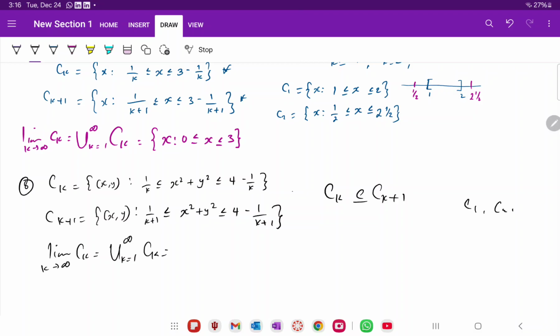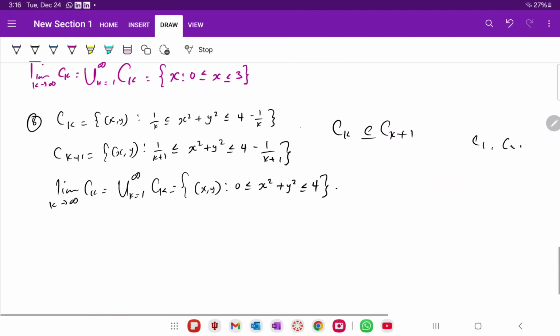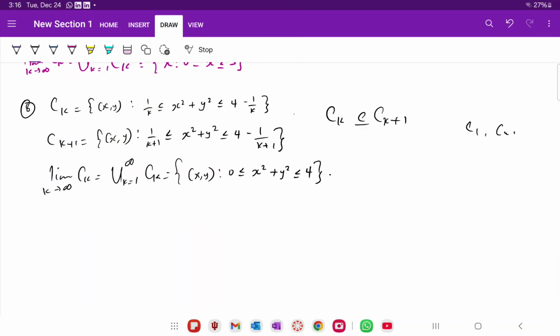So for sufficiently large k, we're going to have x comma y with 0 less than x squared plus y squared less than 4. So we have that, and then we are done.